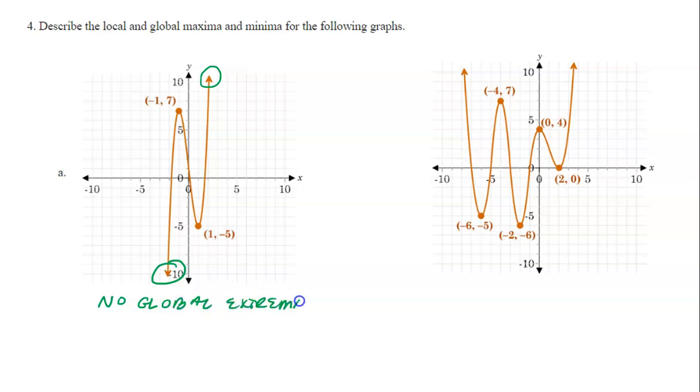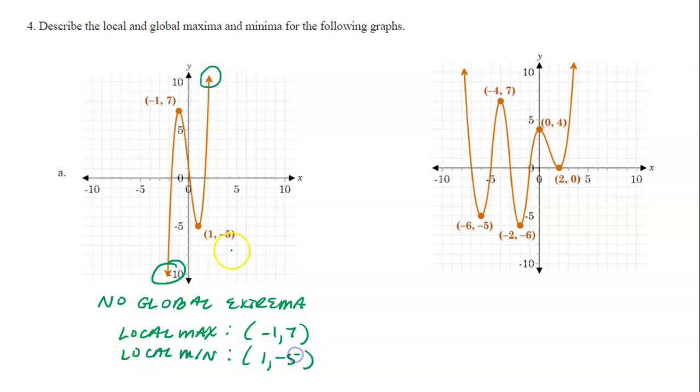They go on forever. Okay. But we have 2 local extrema. We have a local max at -1, 7 and a local min at 1, -5. So this is a local min. This is a local max.